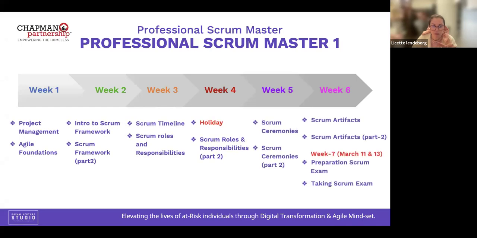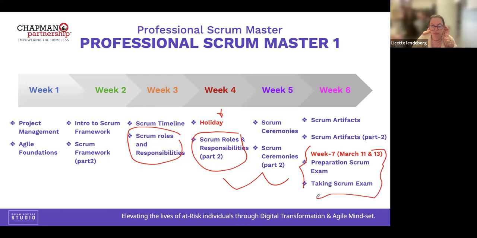As you know, we have this program for this calendar, and the Scrum roles and responsibilities were part of week number 3 and number 4, right? Remember that we had a holiday, President's Day, that week, that's why we need to move the preparation for the Scrum exam by 1 week.